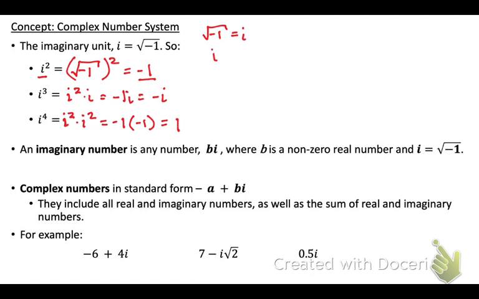What's i squared? Negative 1. What's i cubed? Negative i. And what's i to the fourth? 1. So this just repeats. Okay?